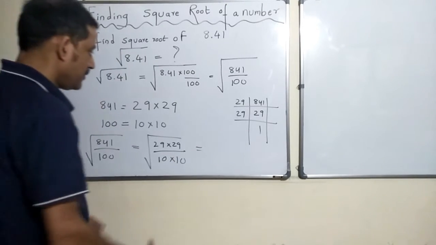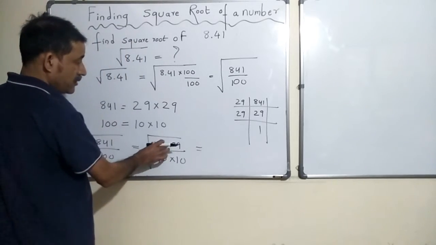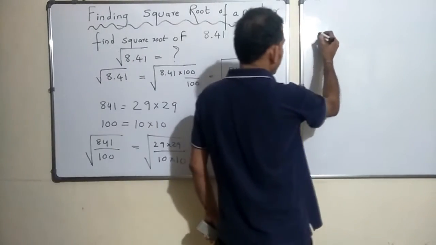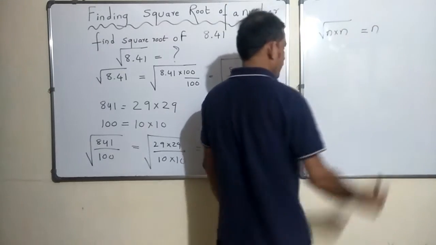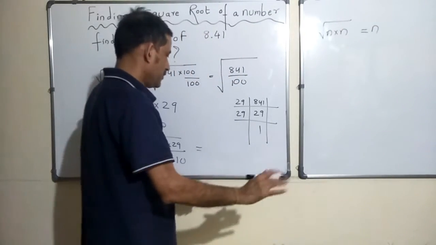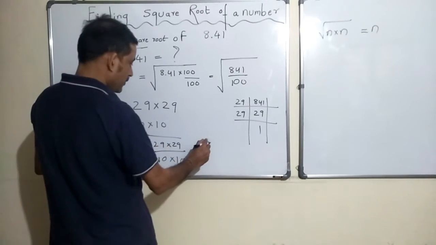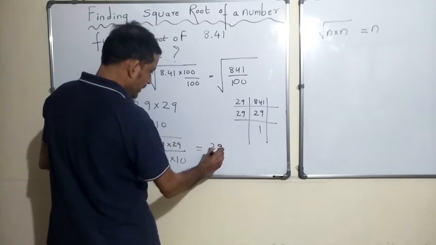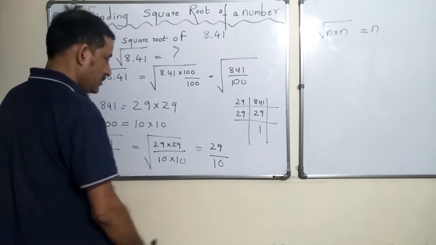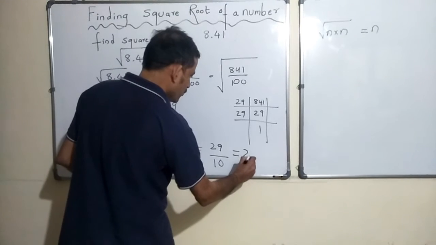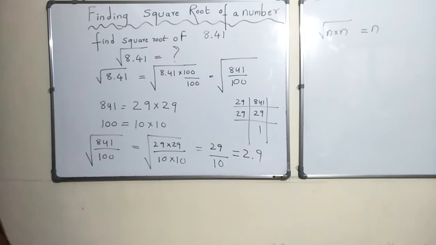The square root of n into n is nothing but n. So in this case the square root of 29 into 29 is 29, and in the denominator it becomes 10. So it is nothing but 2.9. This is the final answer.